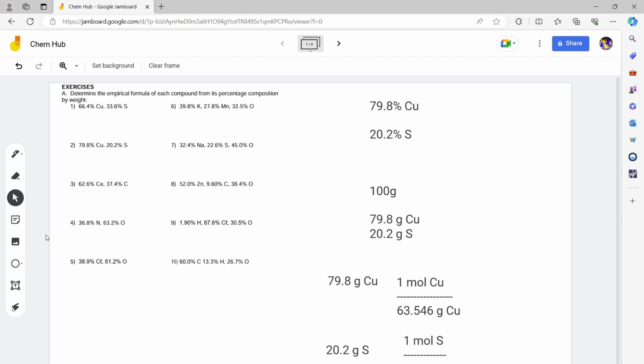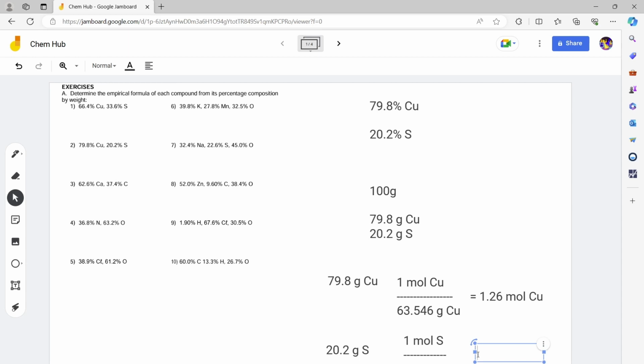And so if we do the math with our calculator, the first we're going to get, hold on, I think 1.8 divided by 63.546. You get about 1.26. And for our second one, and again, these are all approximations.